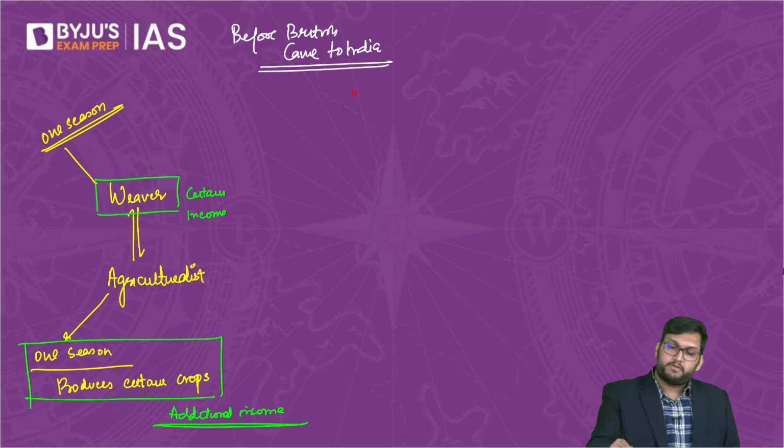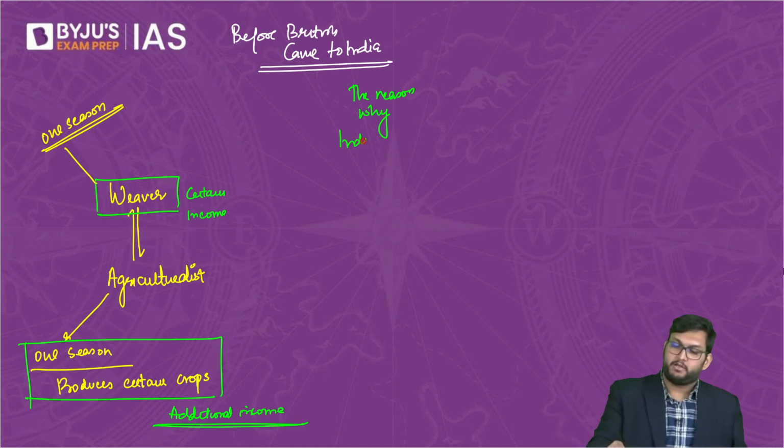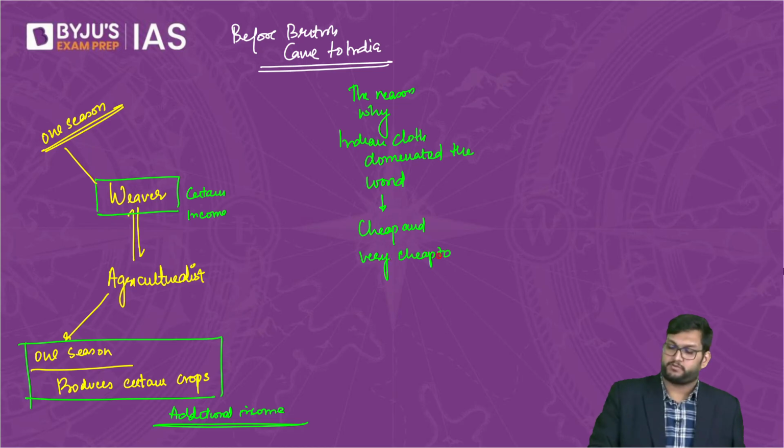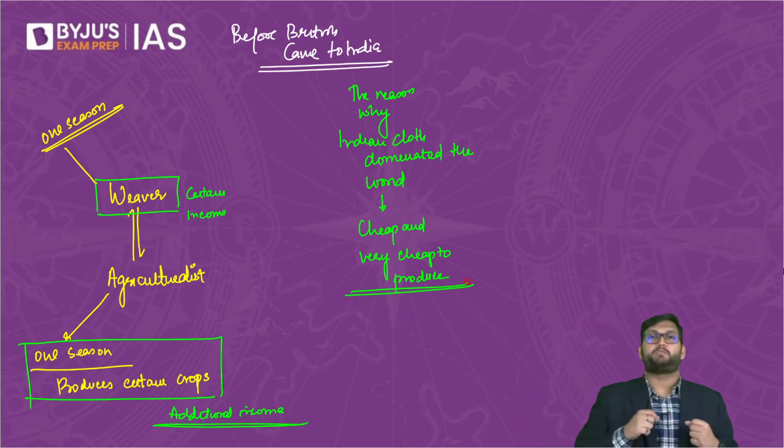Now, the reason why Indian cloth dominated the world was because it was cheap and very cheap to produce. The fact is that Indian cloth could be produced at a very cheap rate.